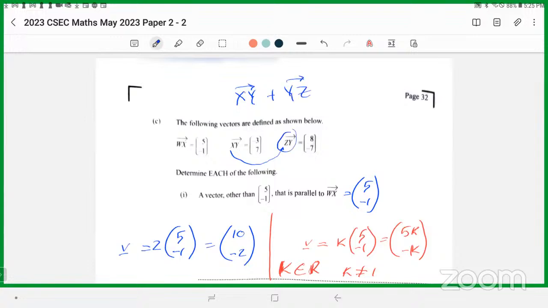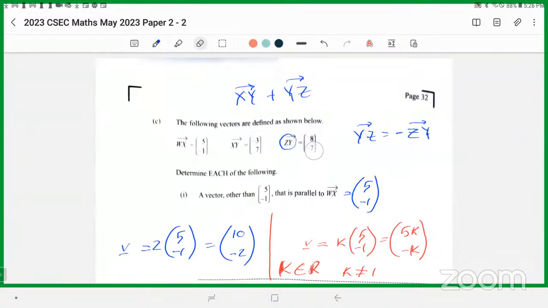But this has ZY. But no problem. If this is ZY, and we really want YZ, what we have to remember is that the YZ that we want is really equal to minus ZY. Put another way, if I switch around these letters, then I'm switching the direction, so I have to change the sign of these values.